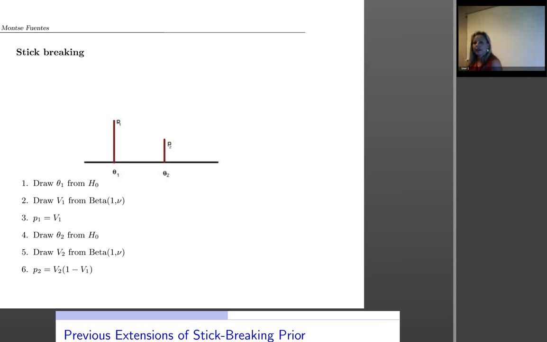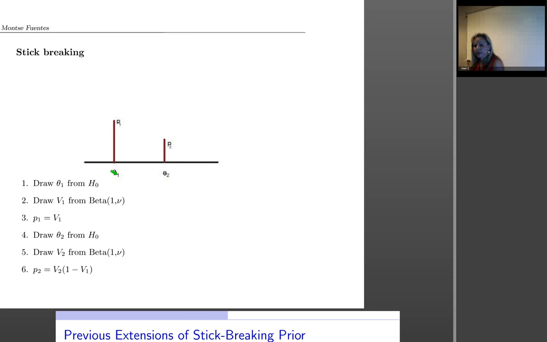This is a stick breaking prior; you can see this discrete distribution takes different values, different thetas, with different probabilities. To construct it, you draw a value of theta from some base distribution, and then you draw a value of V from the beta prior, and that would be the probability assigned to that value of theta, and you keep going.